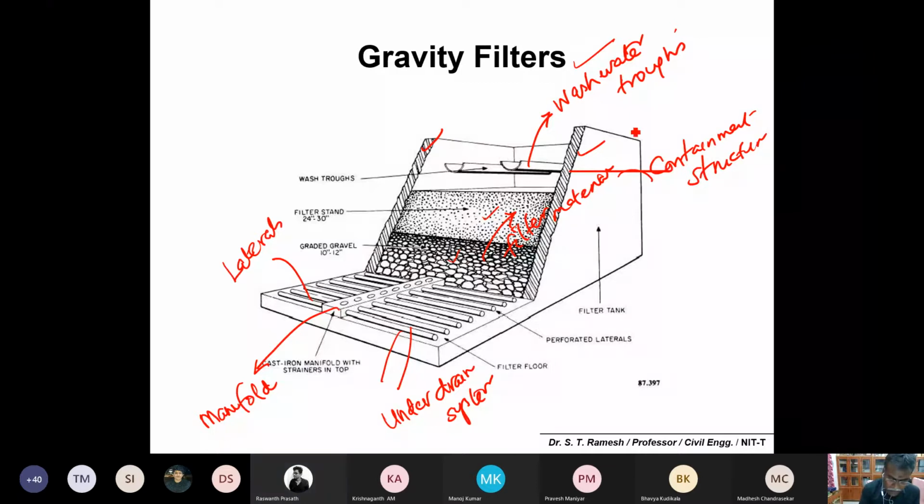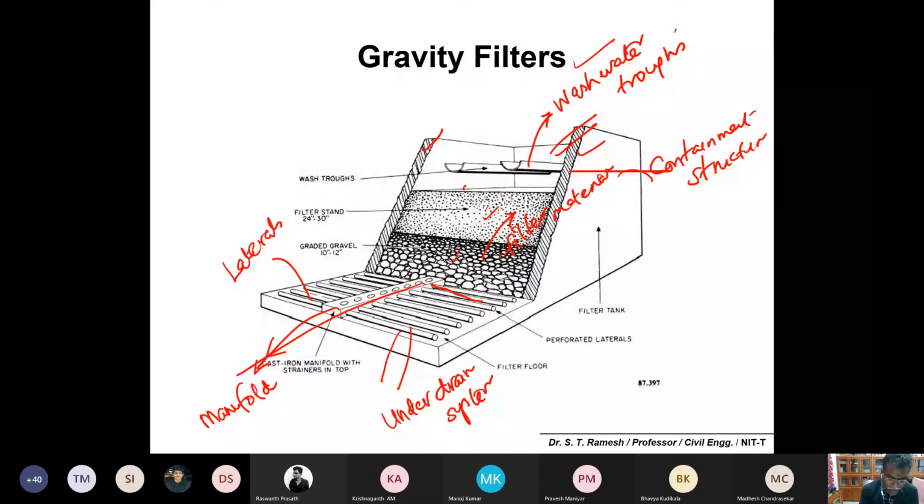So now we take an influent somewhere here and allow the water to percolate. Water will be allowed to percolate throughout the entire depth of your filter. So water trickles through, and you can collect it through these laterals and again to a manifold, and further it will be taken to further treatment operations.